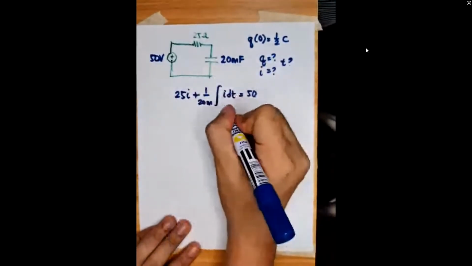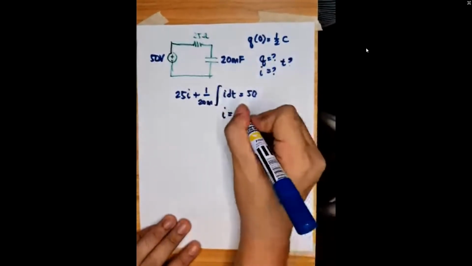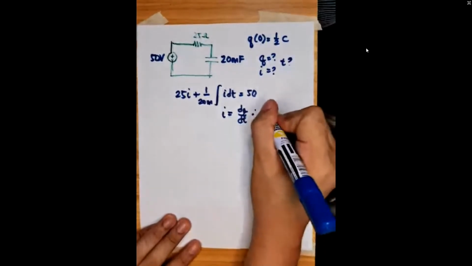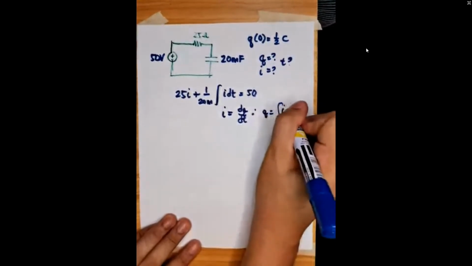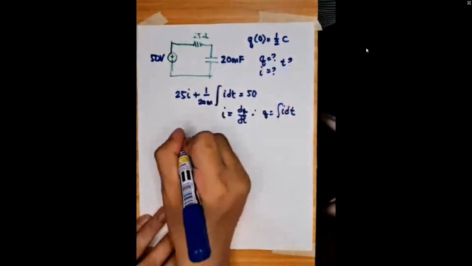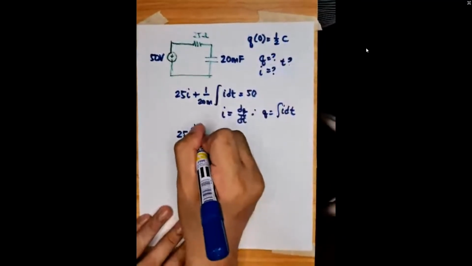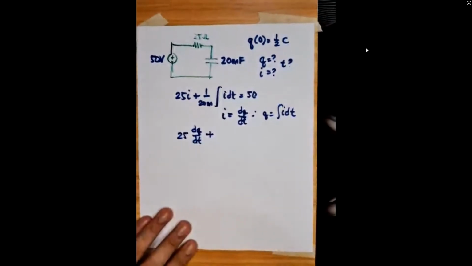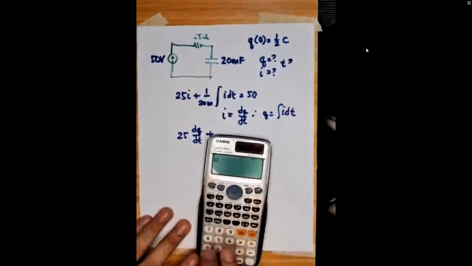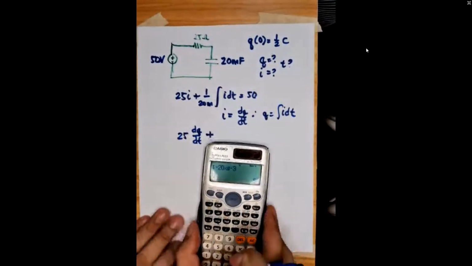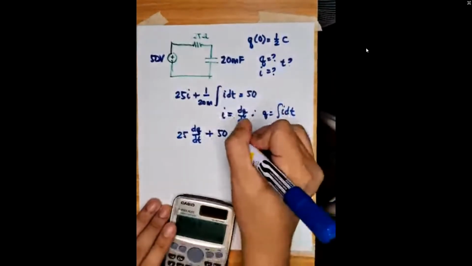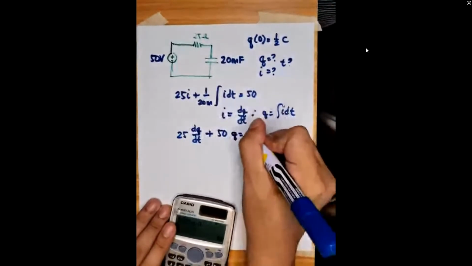So, gagawin natin is, di ba alam natin is I is equal to dq over dt and q is equal to the integral of I dt. So, let's substitute. So, that's 25 dq over dt plus, so what's 1 divided by 20 milli, plus 50q is equal to 50.